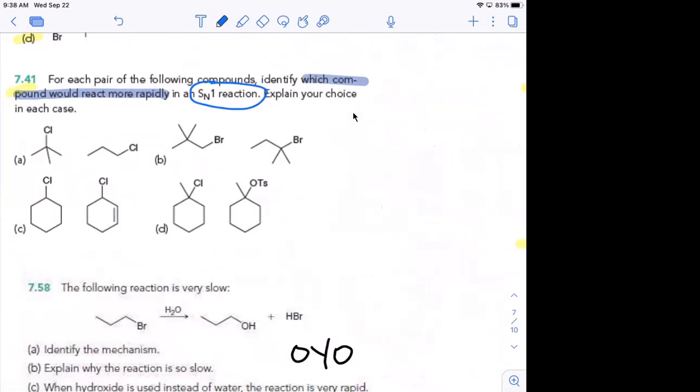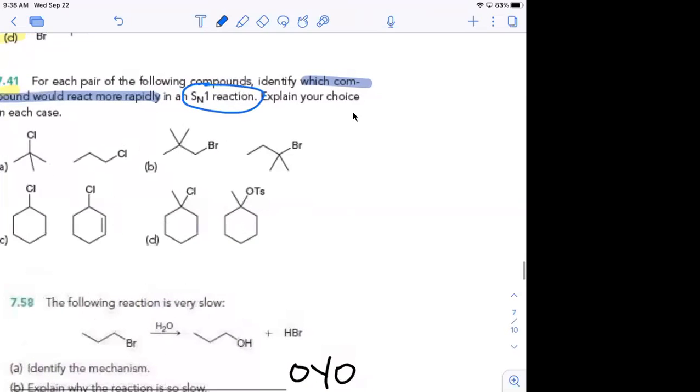What are we looking for in SN1? We're looking at the structure of the substrate, preferably tertiary or allylic or something that can stabilize a carbocation, because you know it's going to go through a carbocation intermediate. And then we're looking at the leaving group.